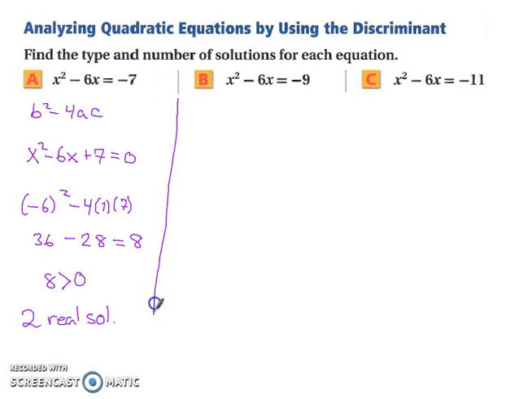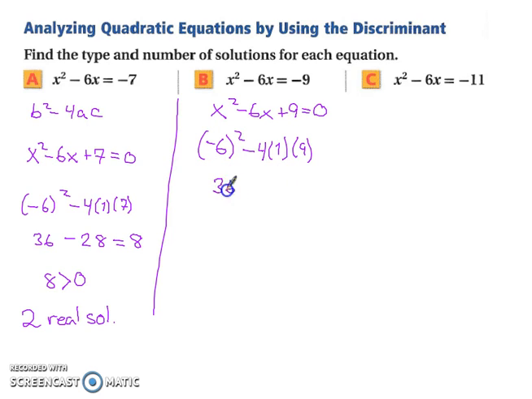Let's try this next one. So let's rewrite. So we have x squared minus 6x plus 9 equals 0. So we have negative 6 squared minus 4 times a times c.